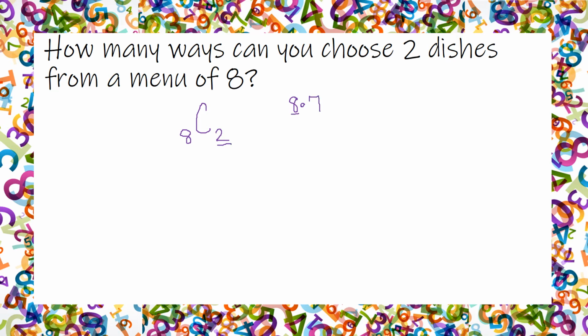There's 2. Divided by the factorial, 2 times 1. The factorial always comes from this number and counts down to 1. So 8 times 7 is 56. 2 times 1 is 2. So those combinations, I can make 28 different combinations.